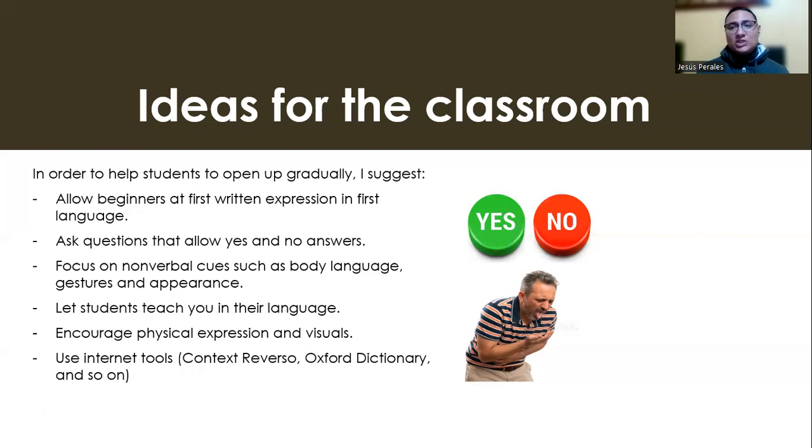So what we can do, instead of giving a whole explanation orally to the students that they are not going to comprehend, that they are not going to get at first, not because they are not able to do it, but because they are beginners, is to use the mimic, the gestures, to exemplify and to give meaning and context about words.